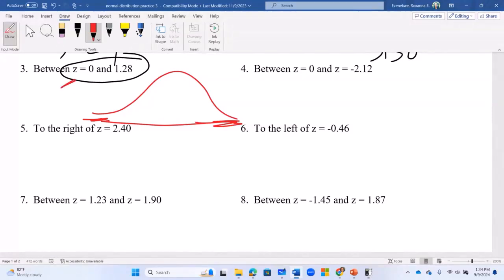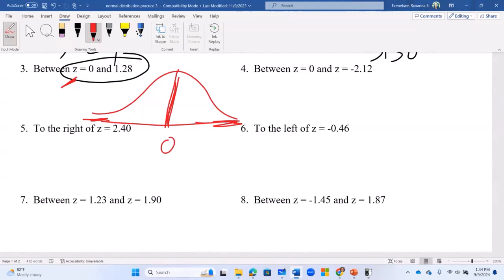This is standardized because the mean is 0. They give me z equal to 0. Anytime you're given z, it is a standardized normal. Z means z score. They want me to find the area. Forgive my crooked lines.